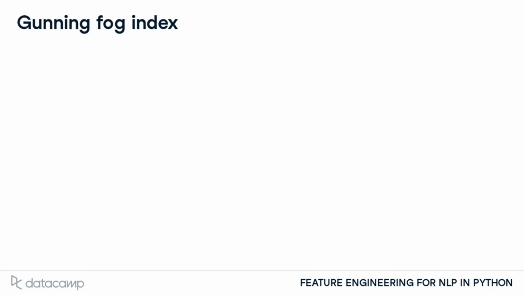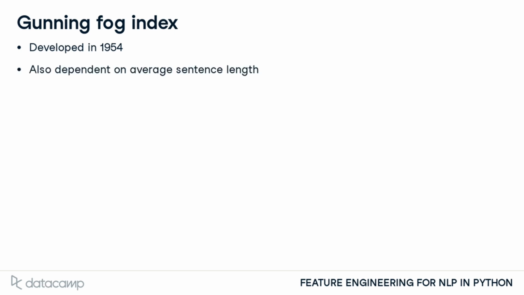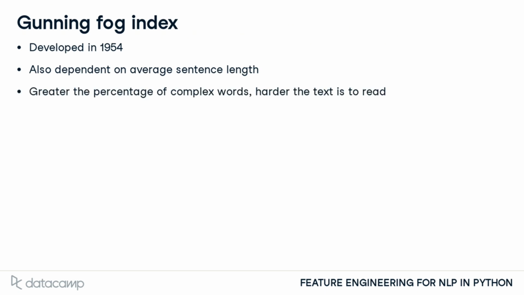The Gunning Fog index was developed in 1954. Like Flesch, this score is also dependent on the average sentence length. However, it uses the percentage of complex words in place of average syllables per word to compute its score. Here, complex words refer to all words that have 3 or more syllables.